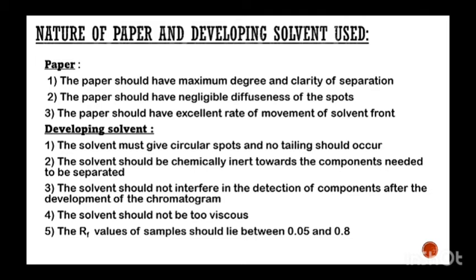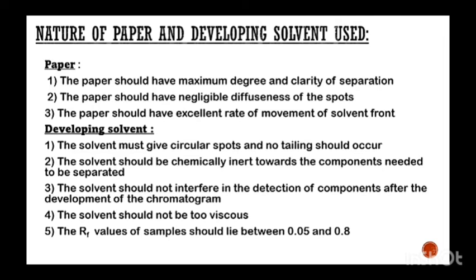The paper should have negligible diffuseness of the spots; the spots which are formed should not get diffused. The paper should have an excellent rate of movement of the solvent front.